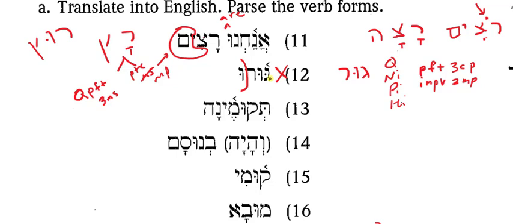There are 3 stems that do not have any prefix attached before root 1. Which ones are they? Cal, piel, pual. Okay, cal, piel, pual do not have a prefix in their perfect. All right. So if this is a perfect, it could only be cal, piel, or pual.